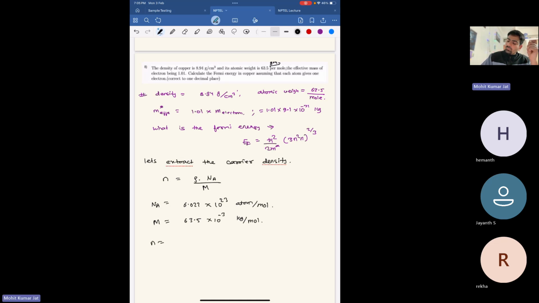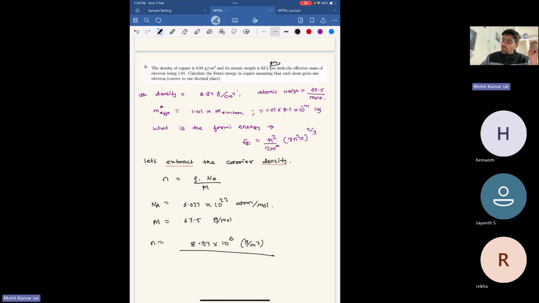So the N will be nothing but rho, which is 8.94 grams per centimeter cube. Centimeter cube, of course, I will have to convert to meter cube, so that will be 8.94 times 10 power 6 gram per meter cube.